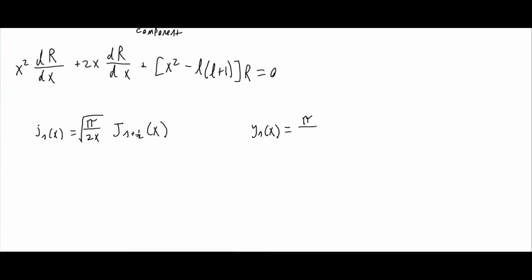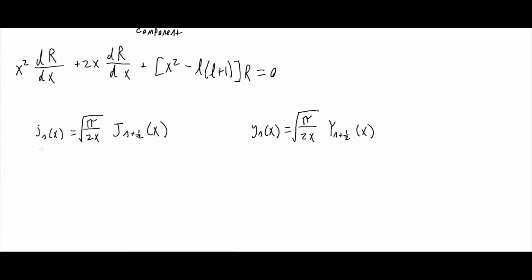But just for completeness, I will show that it is the square root of pi over 2x times our Y. So this is not the spherical harmonic. Remember, we use the y for the other independent Bessel function, rather, that is a function of x.